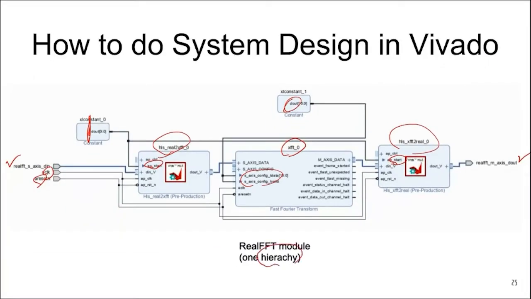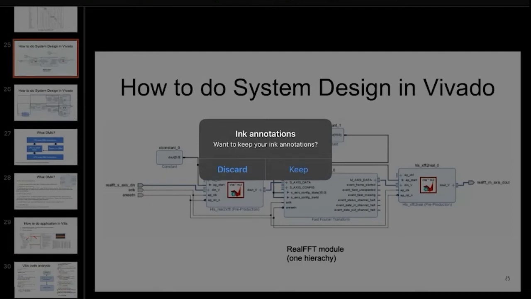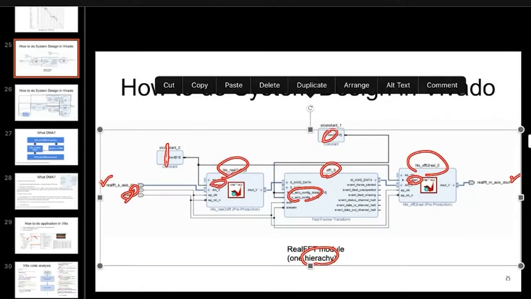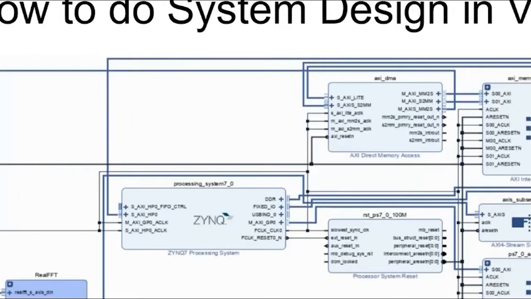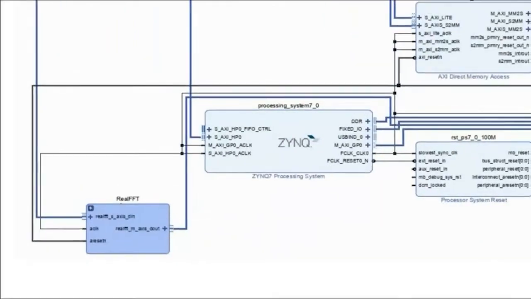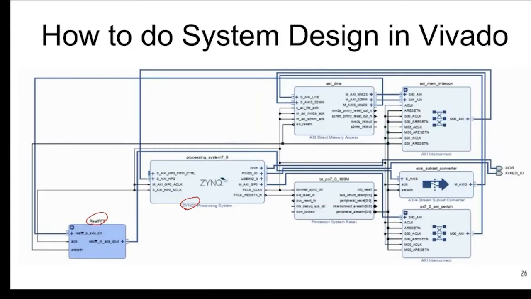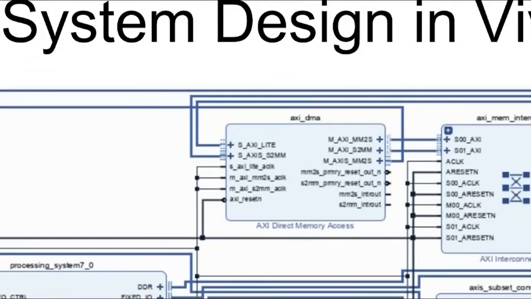The hierarchy is created so we can use the real FFT as a submodule in the overall system design. The real FFT is instantiated here, and this is the Zynq processing system. Remember, in Lab 2, we manually created two DMA IPs, one for read and one for write.